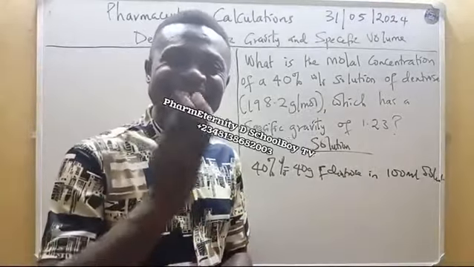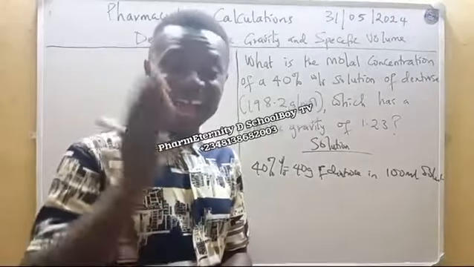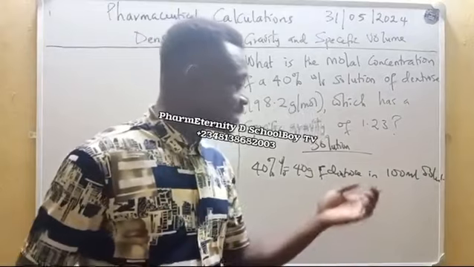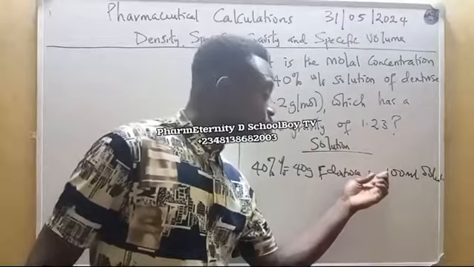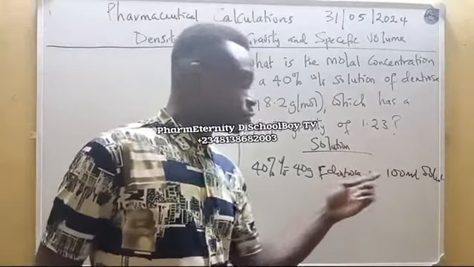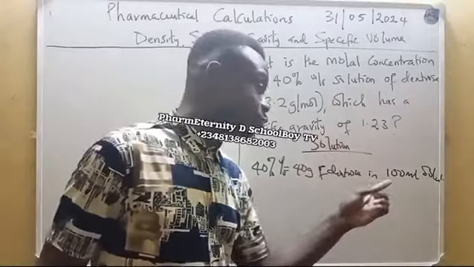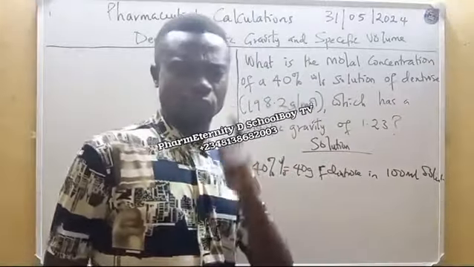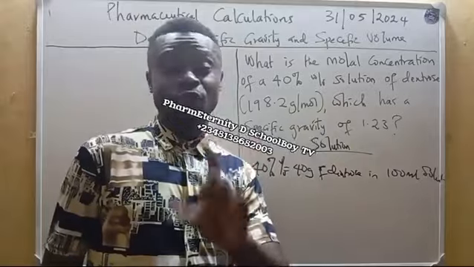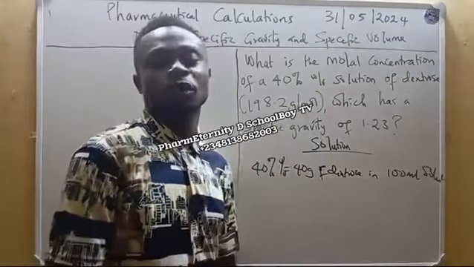Because it says weight of equal volume of water means weight of water that has the same volume as dextrose solution. So the volume of that water is what? 100 ml. So if the volume of water is 100 ml, what is the weight of that water?